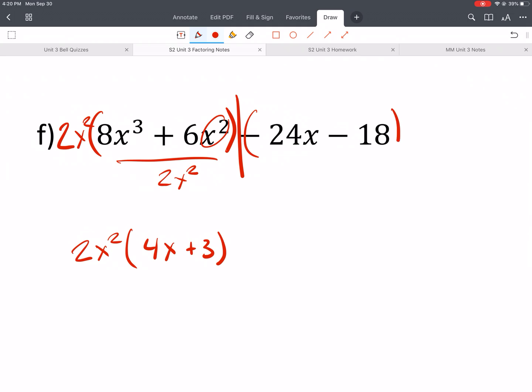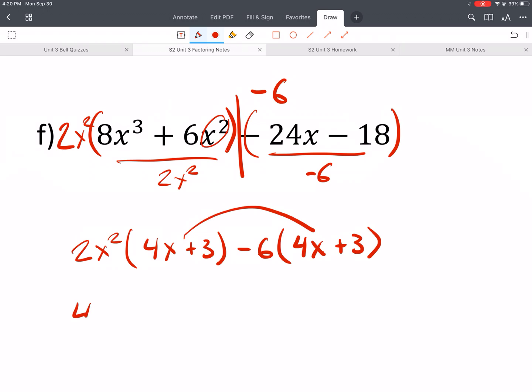And then on this side, because it's a leading negative, we would take out a negative 6. So minus 6 times, well, negative 24 divided by a negative 6 gives us positive 4x plus 3. Okay, again, those are the same, so we'd have 4x plus 3 times 2x squared minus 6.